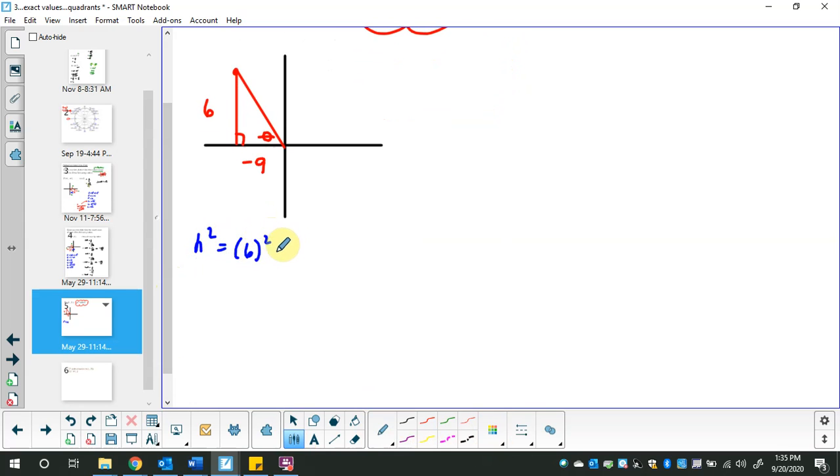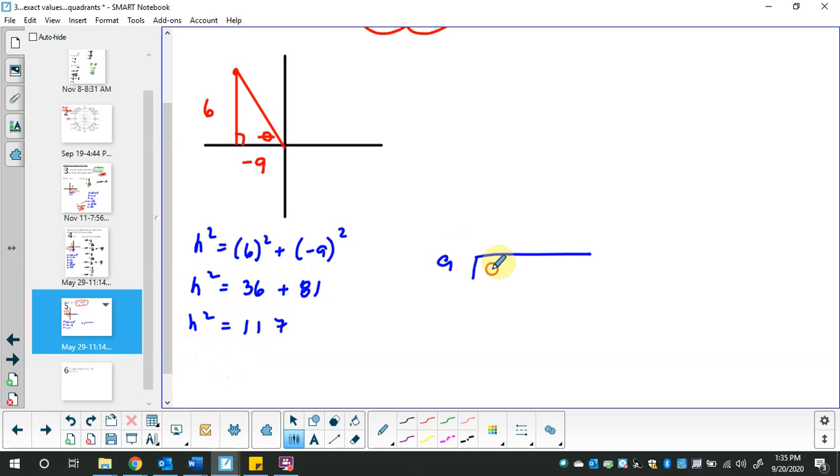And I hope you realize that it doesn't matter if you square the 6 or the negative 9 first, as long as you square both of them and add them together. So 117. Okay, so 117. Let's see if I can divide it by 9. Yep, I can.